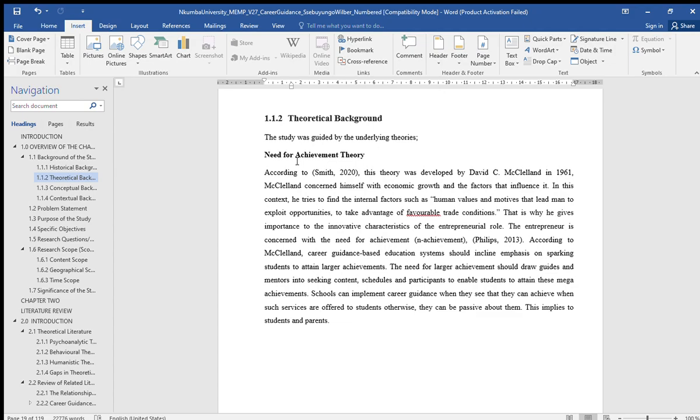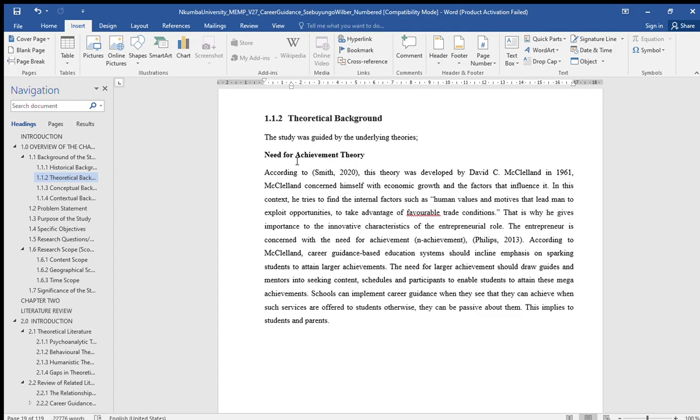So if you have management practices, for example, as your independent variable, then you can have management theories to support your study. You can choose one or two of them. Possibly you can have the scientific management theory by Frederick Winslow Taylor.